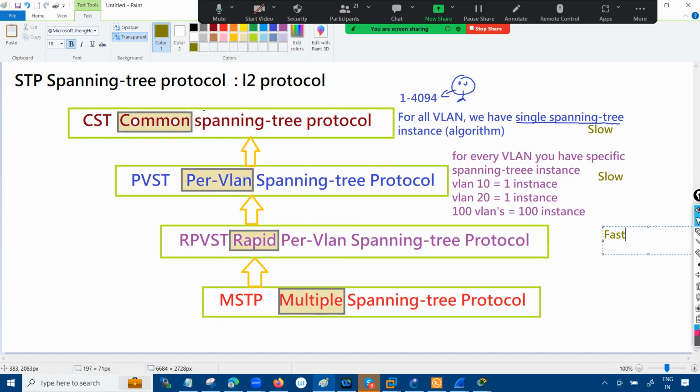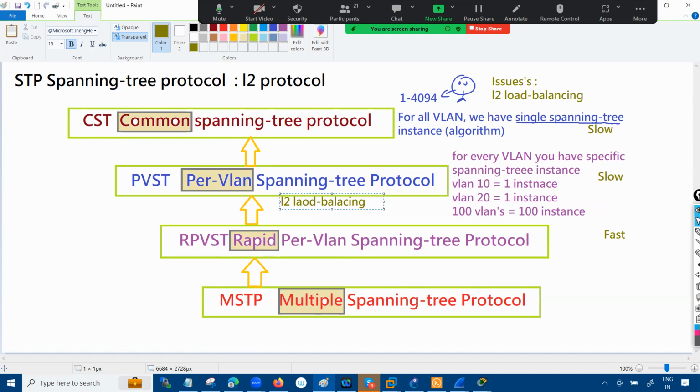If I talk about the issues of the CST protocol, you cannot achieve layer 2 load balancing. You can do layer 2 load balancing in PVST.